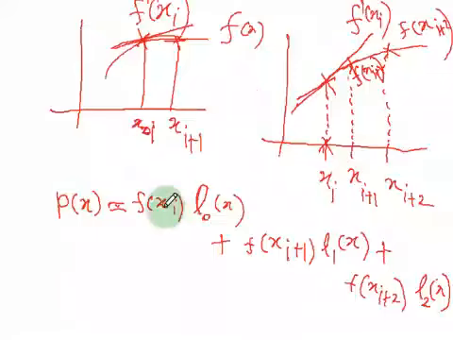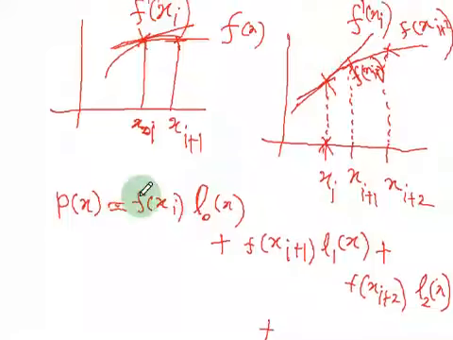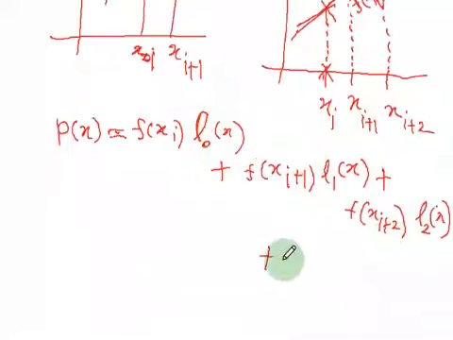Basically this is the Lagrange interpolation polynomial, and you have to add the error. When you find the interpolation polynomial, you will get an error. You have to include that one as well.